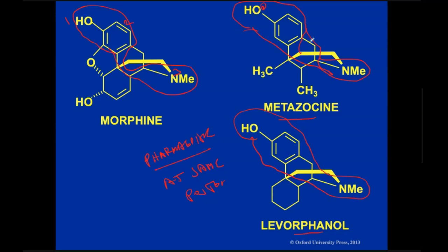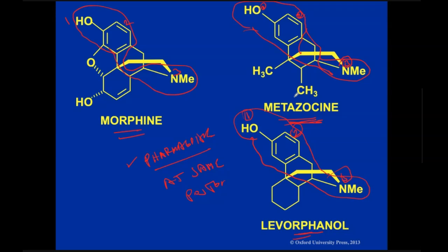We can see here at the same position we have the same three functional groups, right? So it dictates that the pharmacophore is preserved in metazocine and levorphanol. Then we can expect to some extent that the property of morphine could probably be exhibited by metazocine and levorphanol, based on the same pharmacophore feature being present in metazocine and levorphanol.